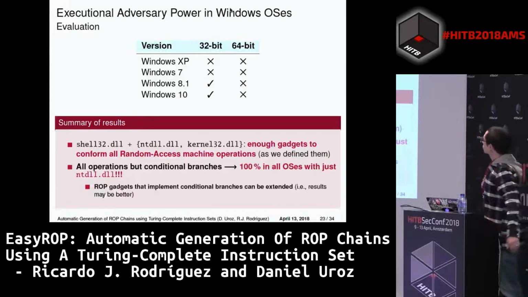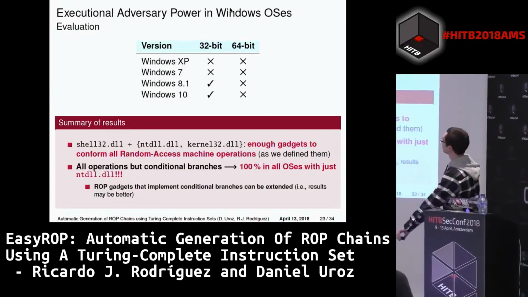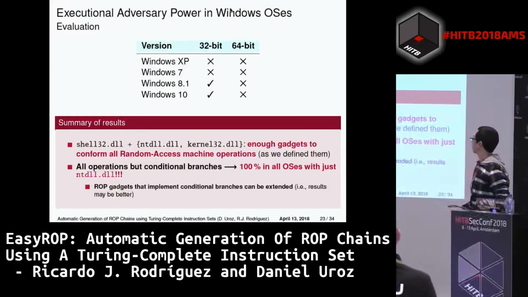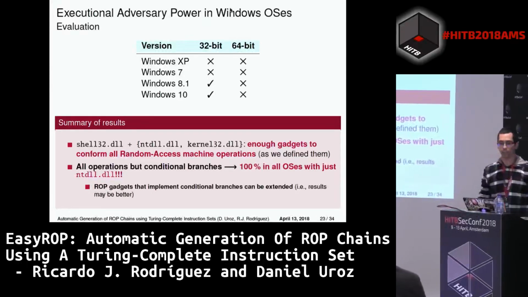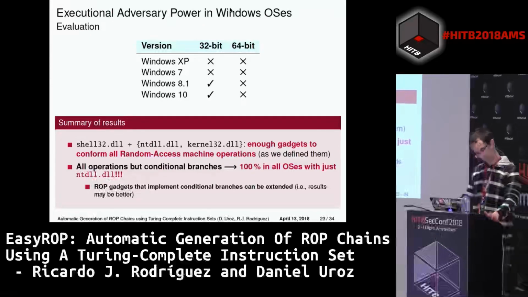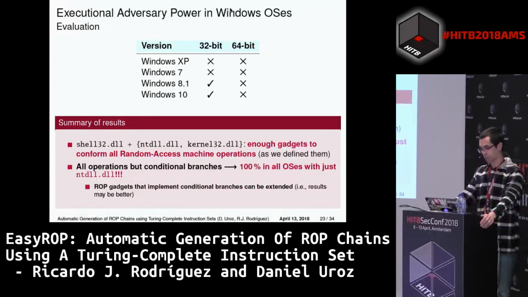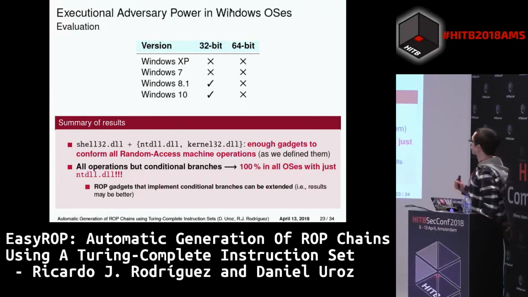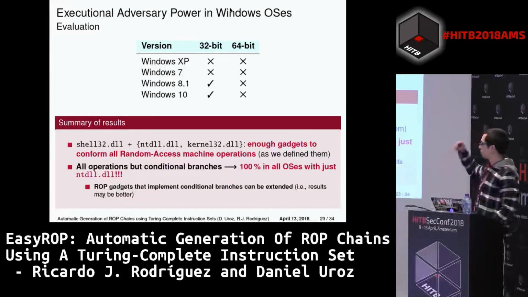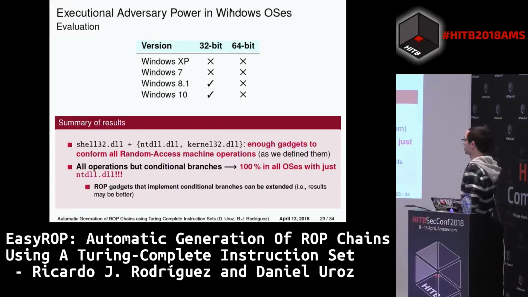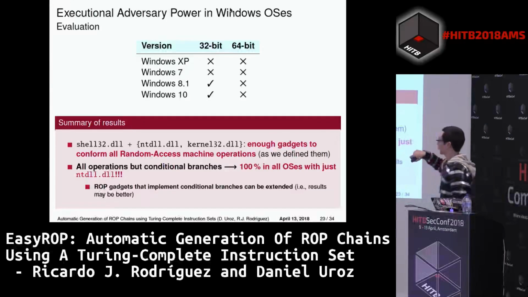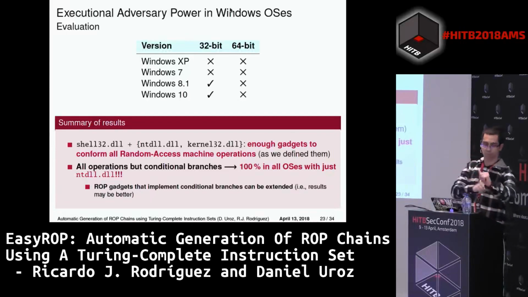If we do not consider the conditional branches, just with NTDLL we are able to do whatever we want. Let me tell you that when we did this research, we defined the conditional branches in a specific way, which is not very complete.